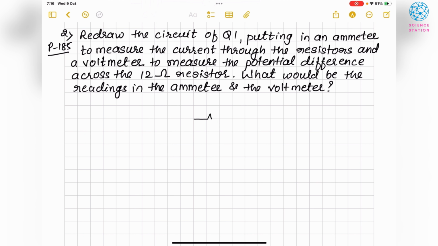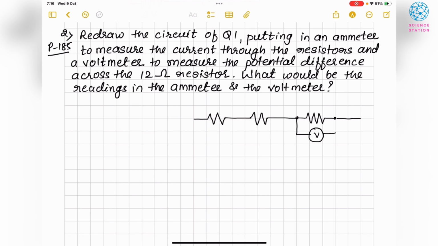So if I draw the diagram again, so these are the 3 resistors and I have to attach a voltmeter in parallel with 12 ohm.